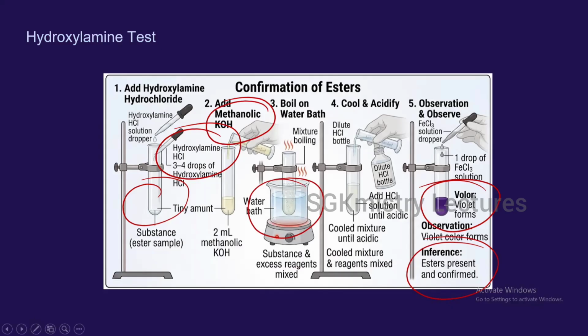So now let us look into the equation for the same. Let us take RCOOR', the ester, in the presence of hydroxylamine hydrochloride, NH2OH. You're going to get RCONHOH. Along with that, you're also going to get back the alcohol.